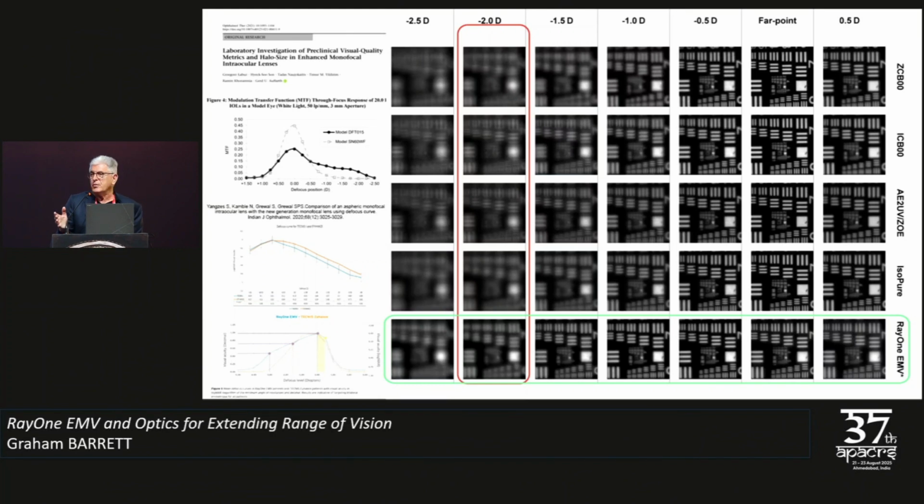And this is where the EMV is designed for exactly that. It's the right type of extended depth of focus to combine with myopic defocus. And if you're serious about providing near vision with an extended focus lens, you should use some extent of modest monovision.